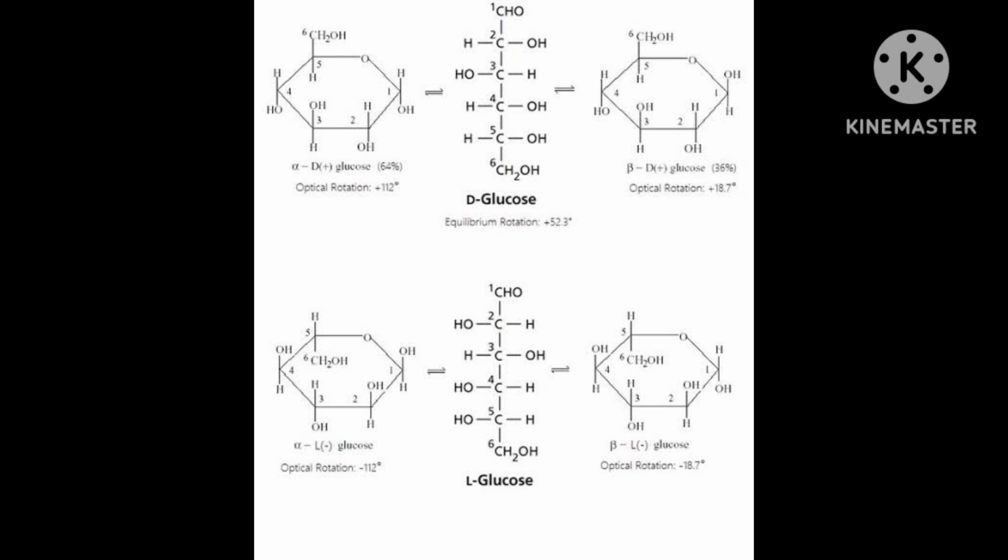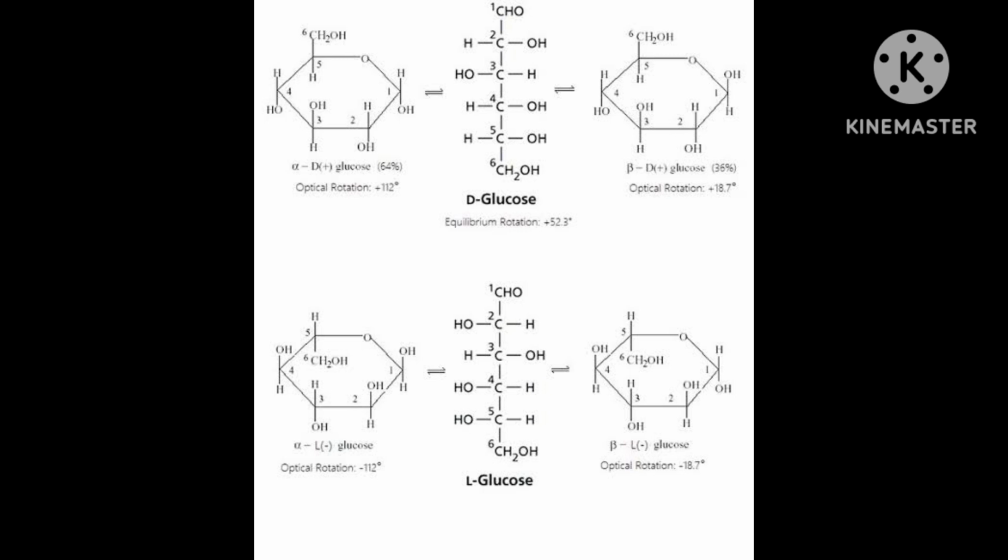This is actually called alpha glucose. Now beta glucose also, all things are the same. Again the ring will be formed through the O bond in the same way. But here you have to see only one thing. In the alpha form, OH at carbon number 1 is at the right side.